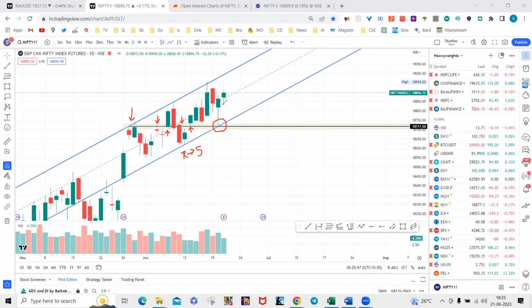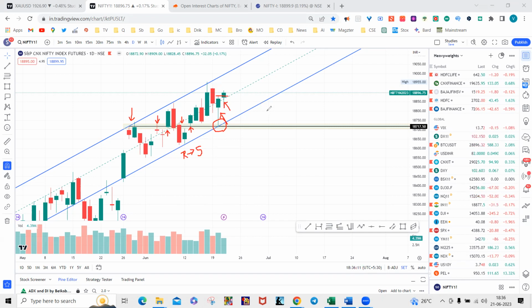So post this, the market has given a closing which is higher than this. So overall, on a daily time frame, reading the chart, we can see strong buying, or the demand shifting to the higher side, as we see lower VIX coming up.